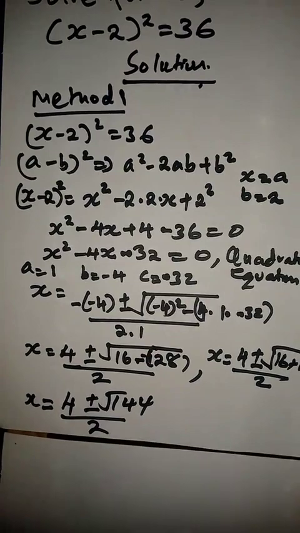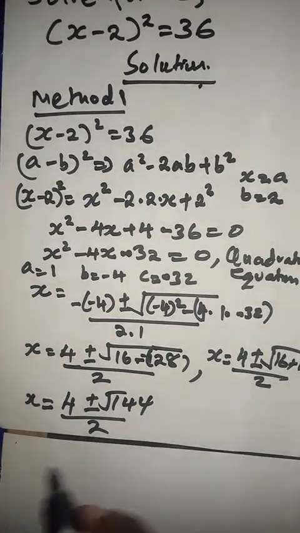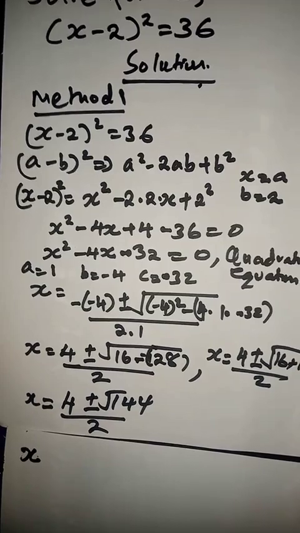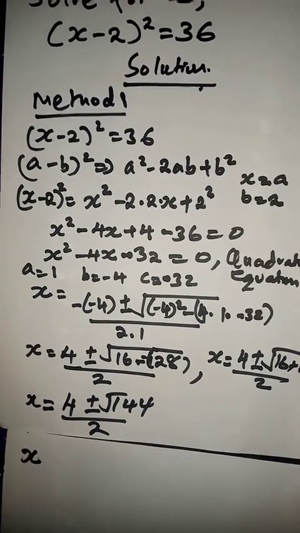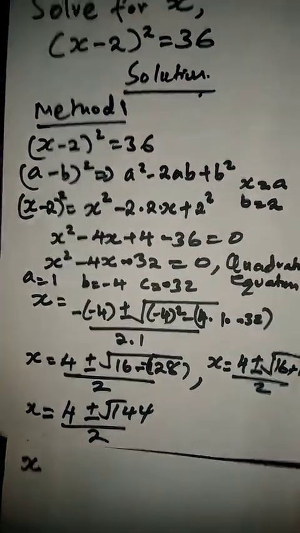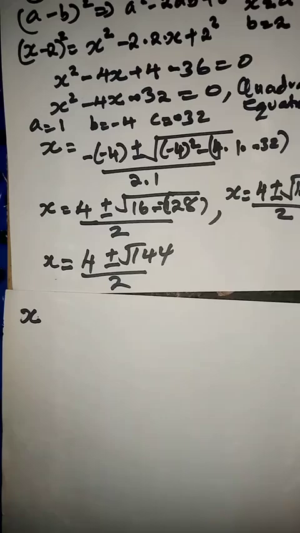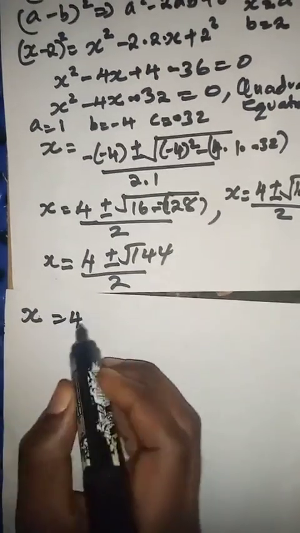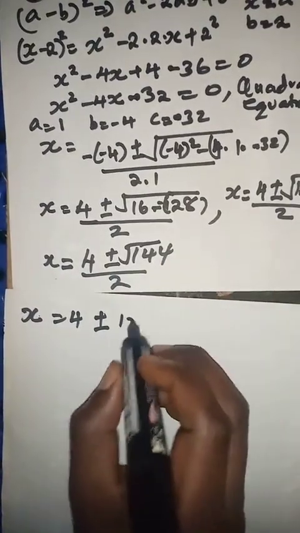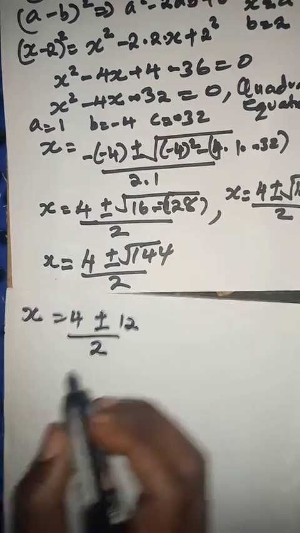So the quadratic formula gives me two solutions. So I'll end up having x is equal to 4 plus or minus, of course, when you take the square root of 144 you get 12, divided by 2.